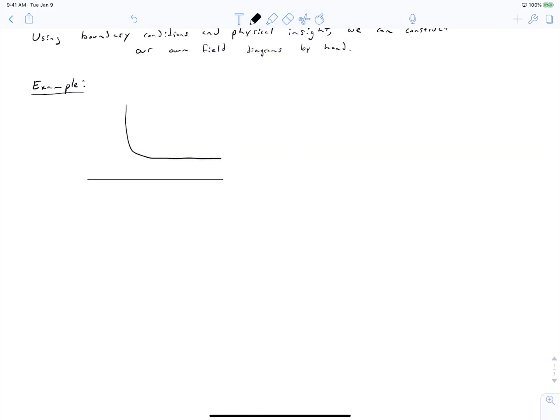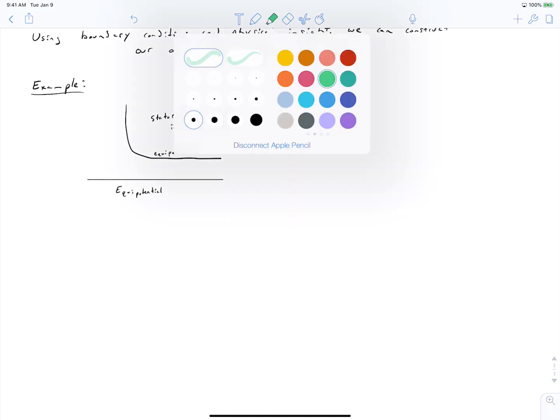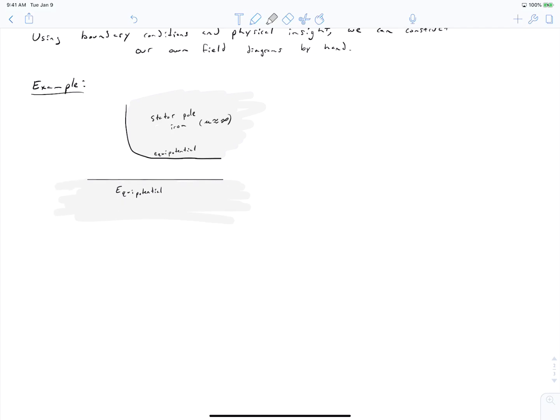In this example, we have a stator pole, which we're told is iron, the whole pole, and it's at equipotential. So we're assuming mu is approximately infinity. And then we have a rotor surface, which is also at equipotential. And here's where the physical insight comes in.